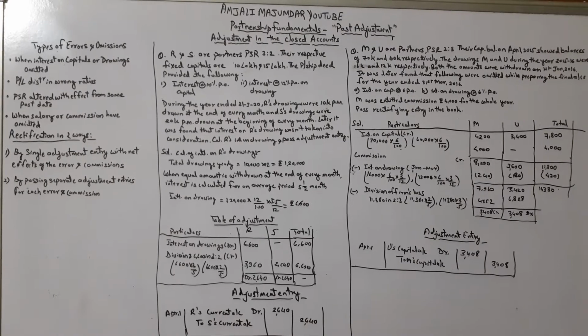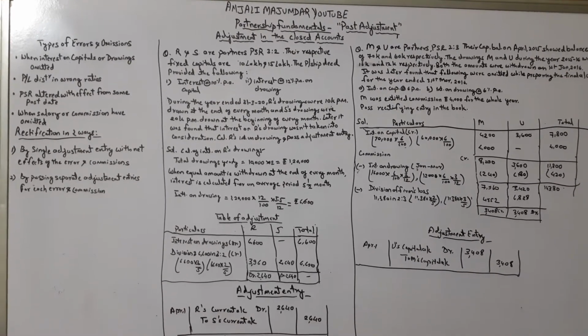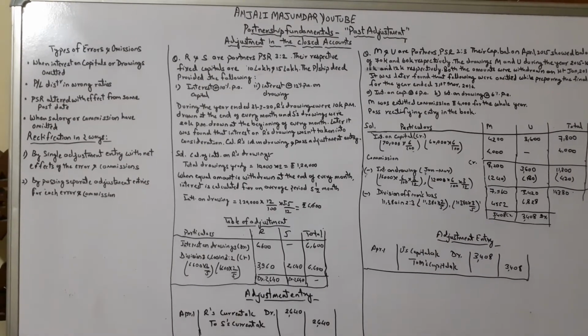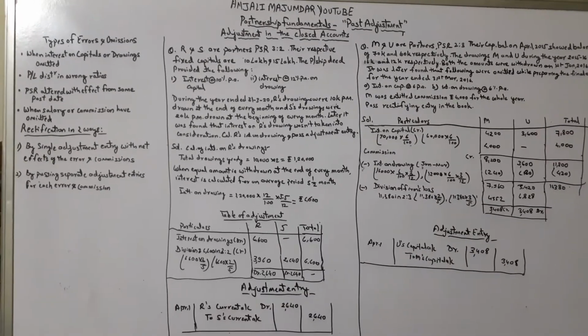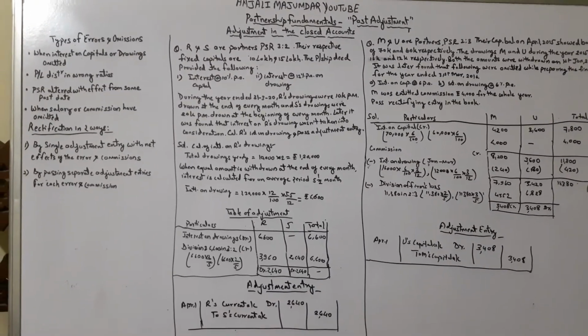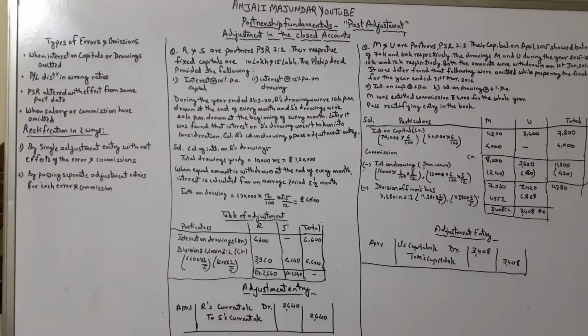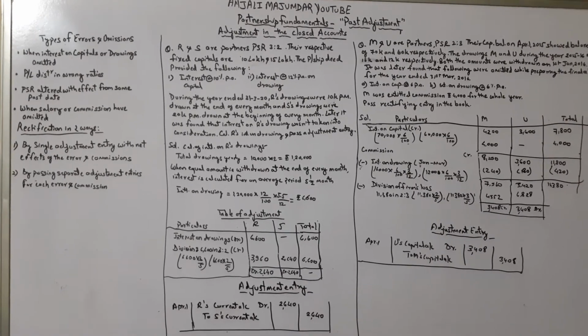The partnership deed provided interest on capital at the rate of 10% per annum and interest on drawings at the rate of 12% per annum, for the year ended 31st March 2020. Now R's drawings were 10,000 per month. For the yearly figure, 10,000 multiplied by 12 months gives you 1,20,000, the yearly drawings of R.